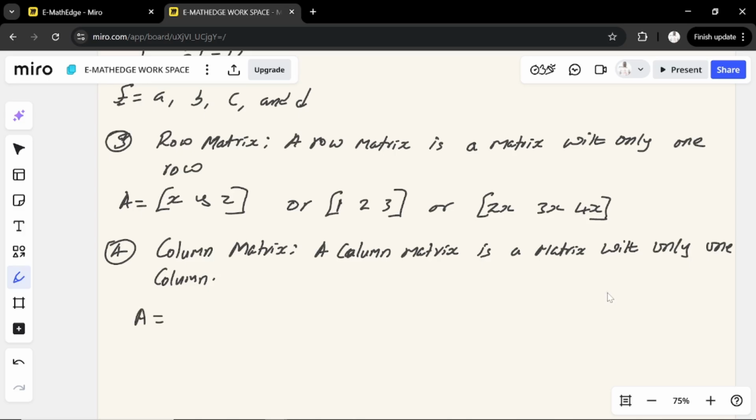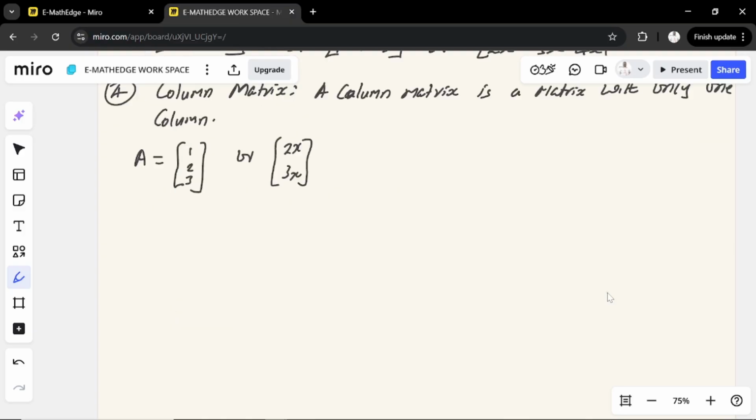So matrix A, we can have it to be 1, 2, 3, an array of numbers arranged from top to bottom, right? Or we can have it to be expressions 2x, 3x, enclosed in a bracket. It has only one column, it has no row.